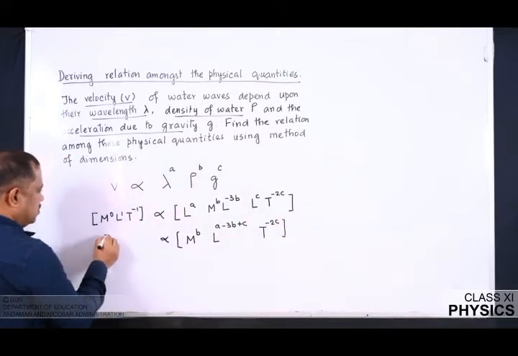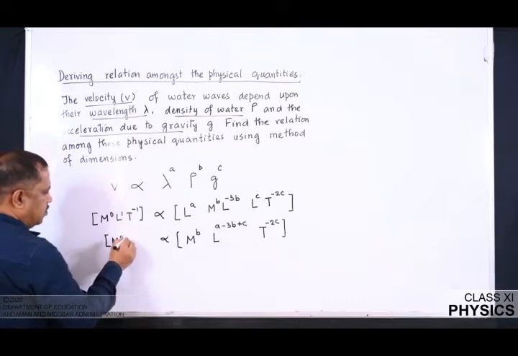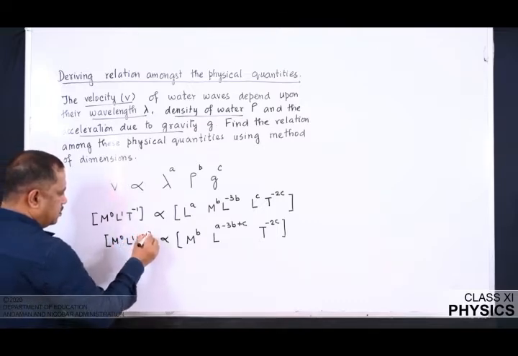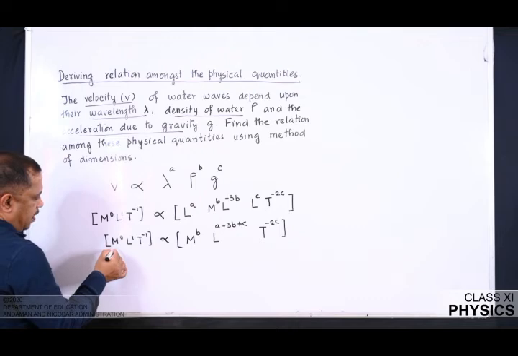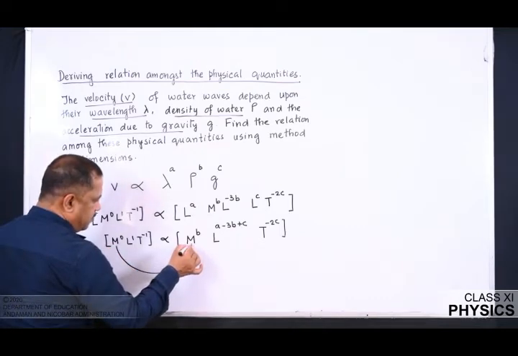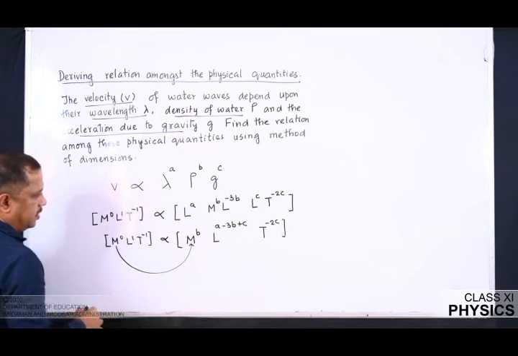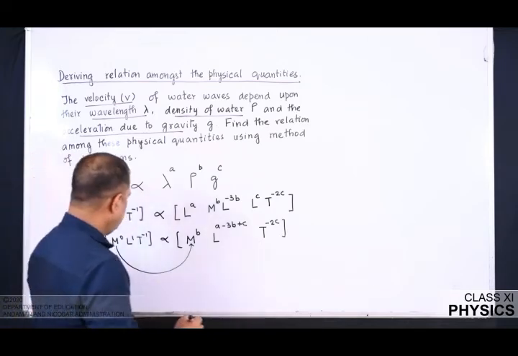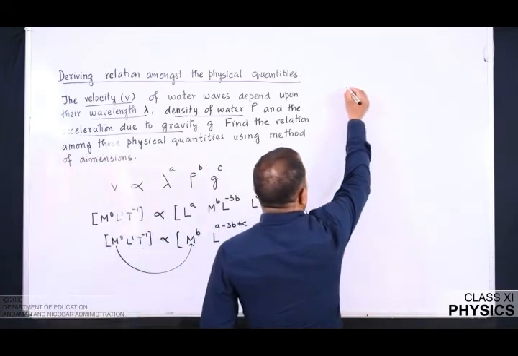This equals M power 0, L power 1, T power minus 1. Now I equate the dimension of mass from the left-hand side to the right-hand side, and I have b equals 0.